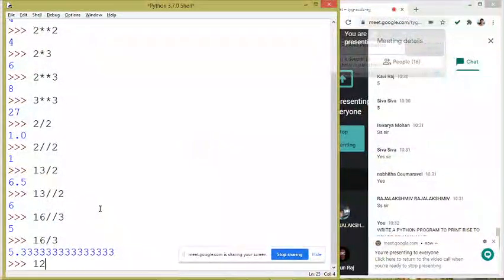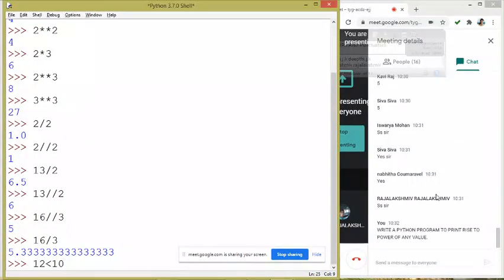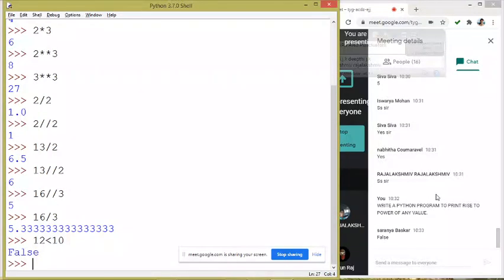Now less than, greater than equal to, less than equal to, we will see it again. So we'll write 12 less than 10. Yes, can you tell me the answer? What will be the answer for this question? So the answer will come, 12 is not less than 10. False will come. So Saranya has given the correct answer.